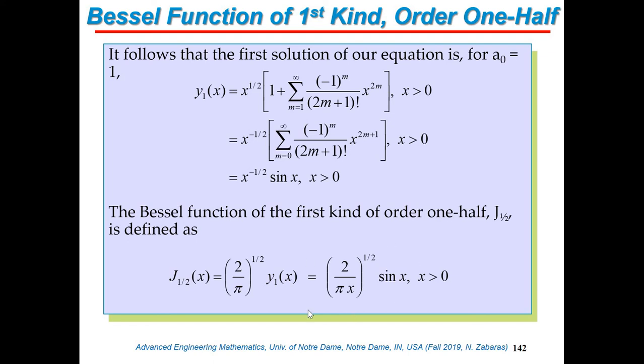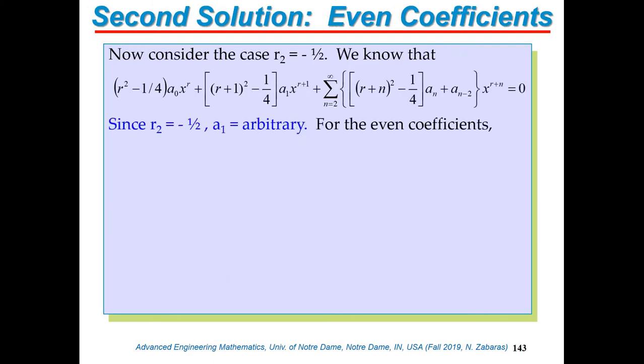So it has this form given on the bottom of the slide. So the singularity is 1 over square root of x, right? So 1 over square root of x times sine of x, and we have this normalizing factor of square root of 2 over pi. So that's the Bessel function of the first kind of order 1/2, okay?